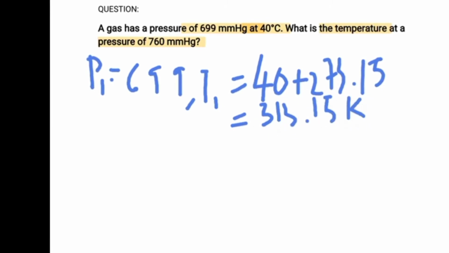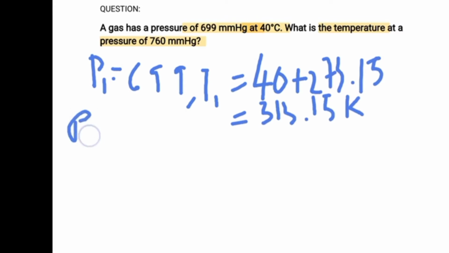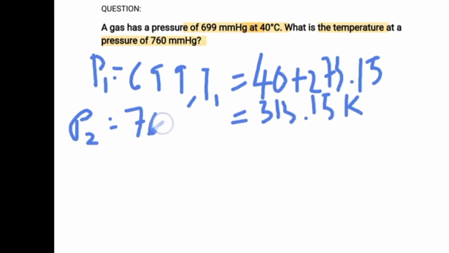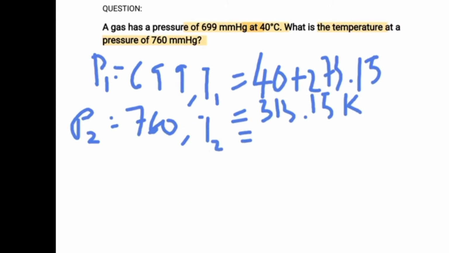Okay. So pressure 2 is 760, but temperature 2 is unknown.